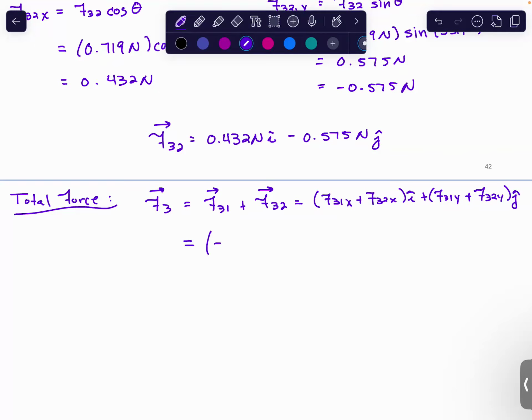So it's going to be a negative 1.5 newtons plus 0.432 newtons. And then the other vector had 0 in the y direction.